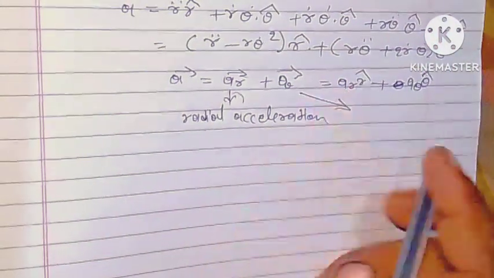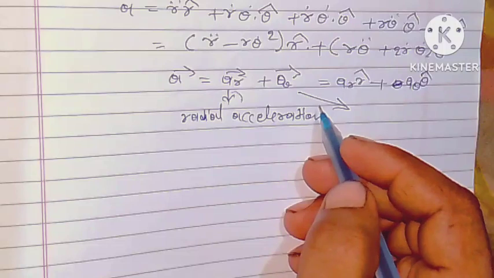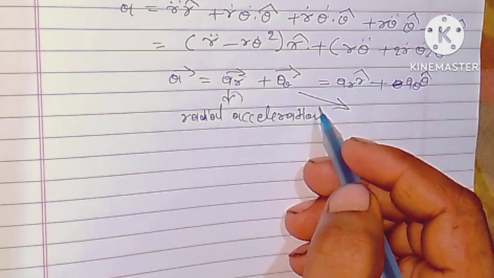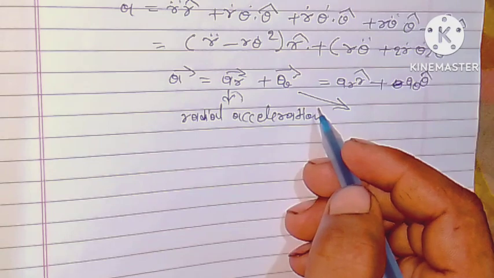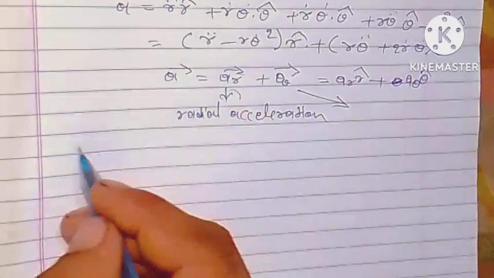The quantity r derivative of theta square gives the centripetal acceleration.